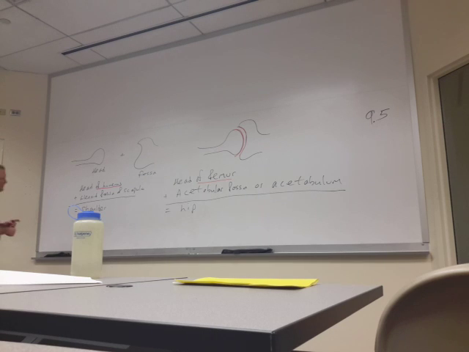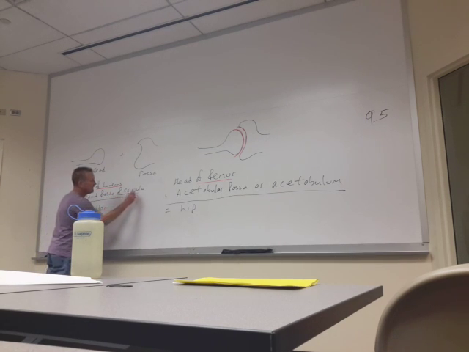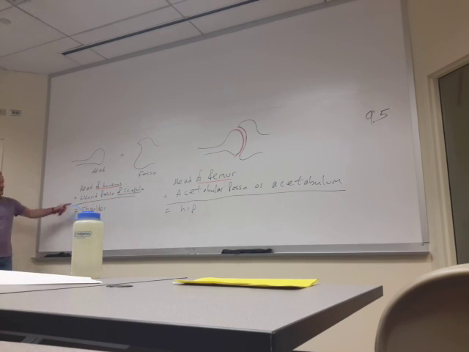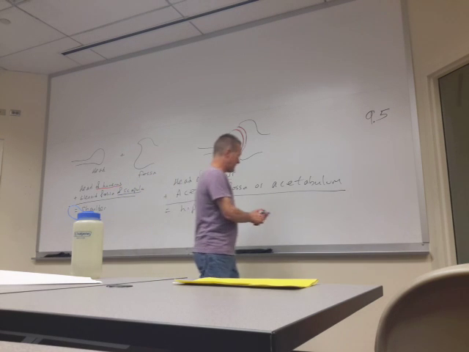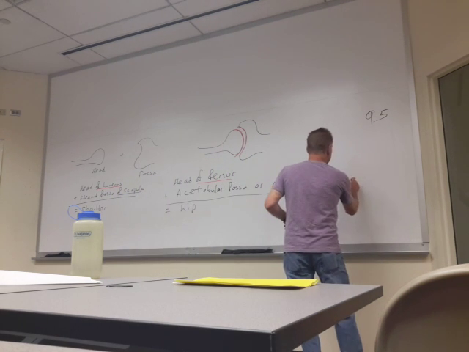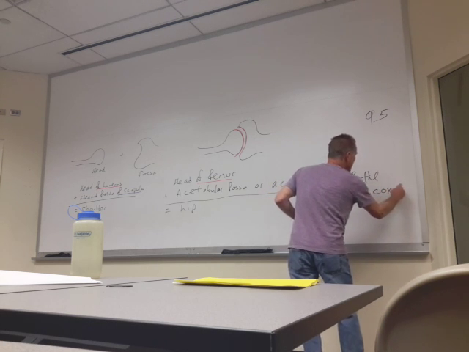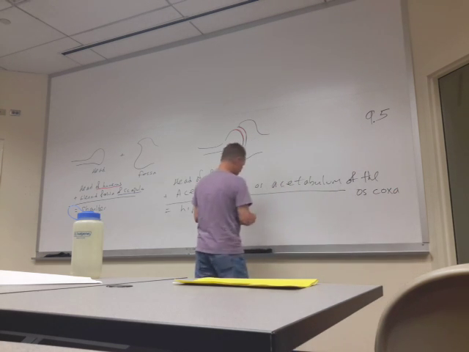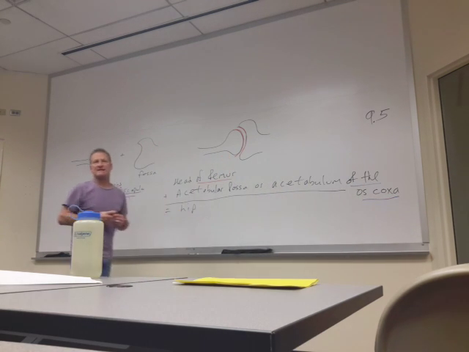I'm pointing that out because it was unnecessary and redundant to say of the scapula. There's not another glenoid fossa in the body. It would be like if here I said of the os coxa. That's redundant because there's not another acetabulum in the body.